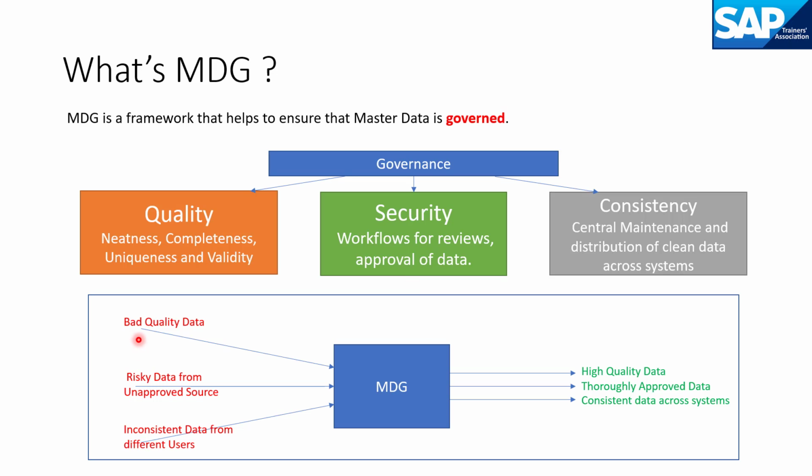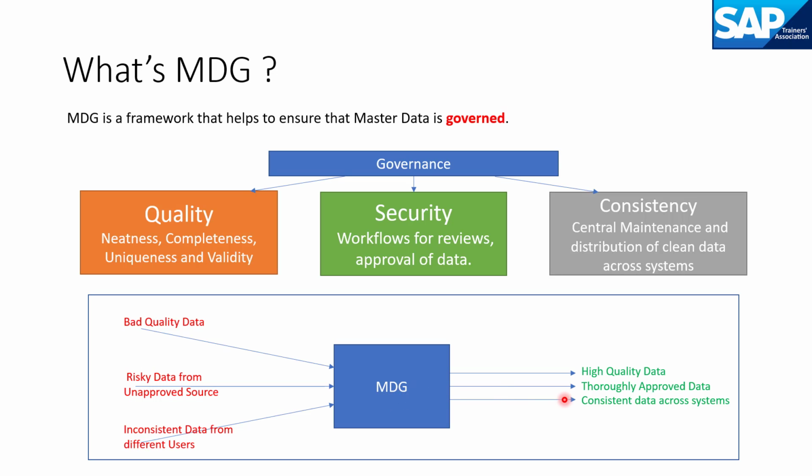Now, three things we have to remember: quality, approvals, or you can say workflows, and consistency. So you enter bad quality data in MDG, it converts it to high quality data. You try to add a risky, unapproved source of data somehow through a web service, or a new user just adds data.